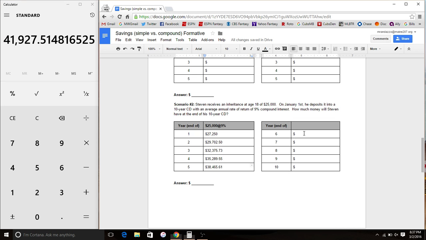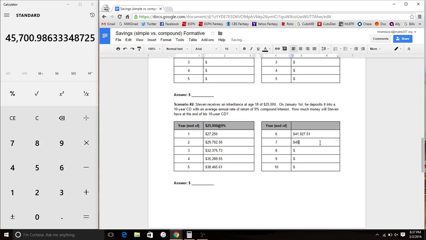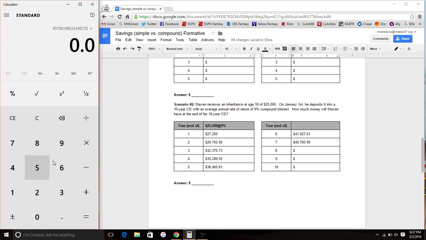You're at $41,927.51. Times that by 0.09. Add the previous number. You're at $45,700.99. Times that by 0.09. It's the same thing over and over again, guys.